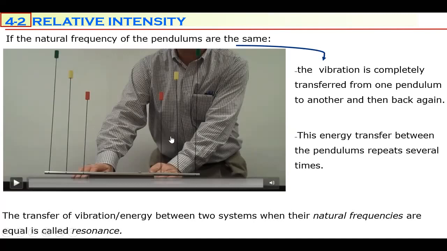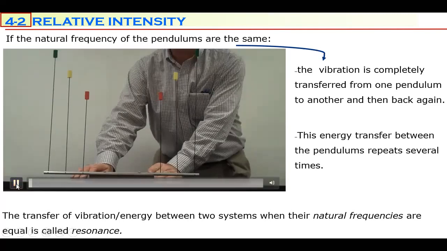This is another example of resonance, and it is a good animation. On the left side there are 3 vertical pendulums of different lengths, and on the right side another 3 vertical pendulums. Their lengths: this red and red are equal in length, this yellow and yellow are equal, and the green and green are equal. When one of them on the right is set in motion, the pendulum on the left with the same length will start vibrating.